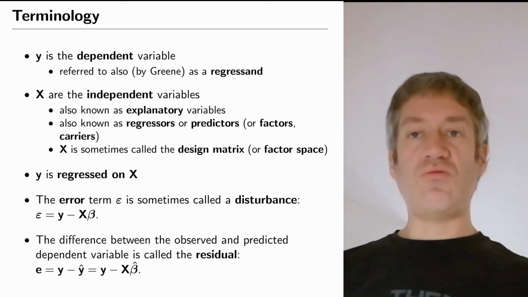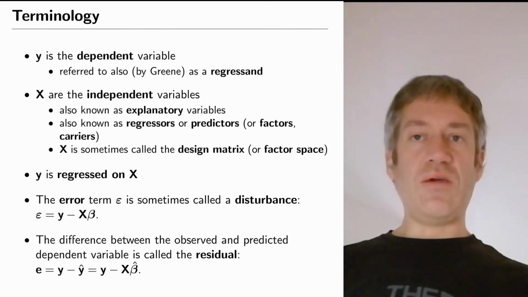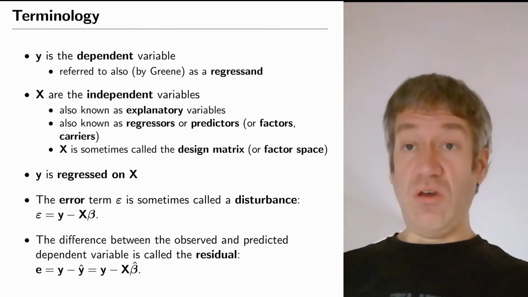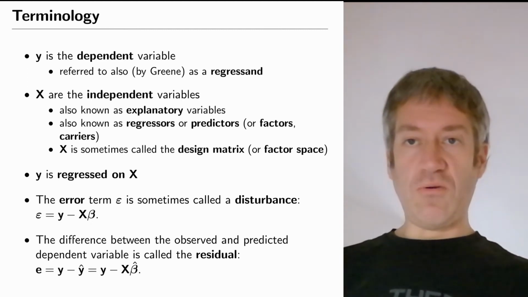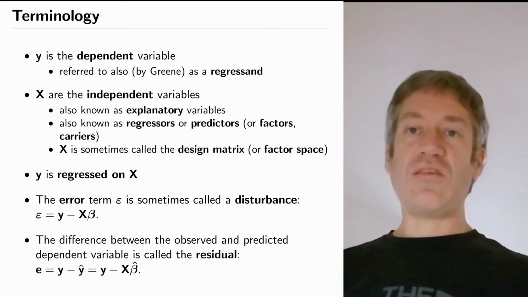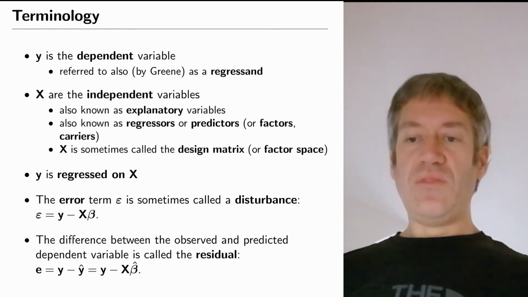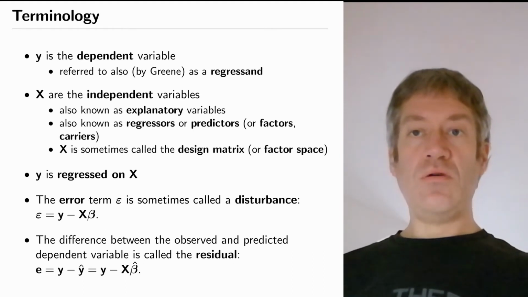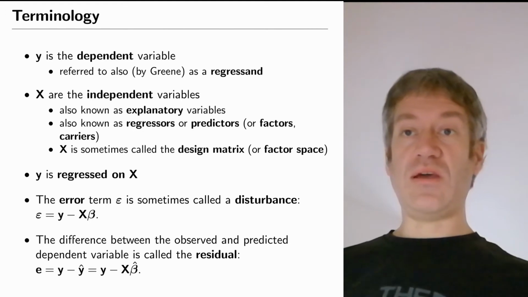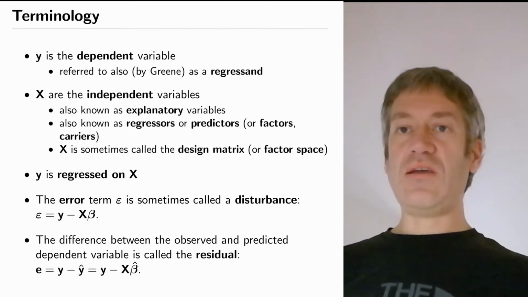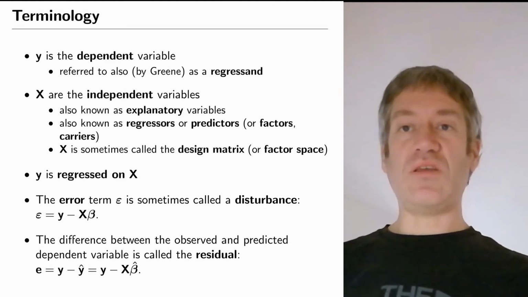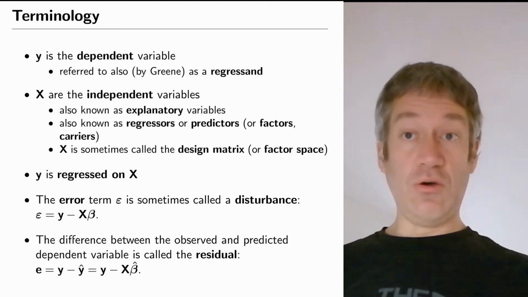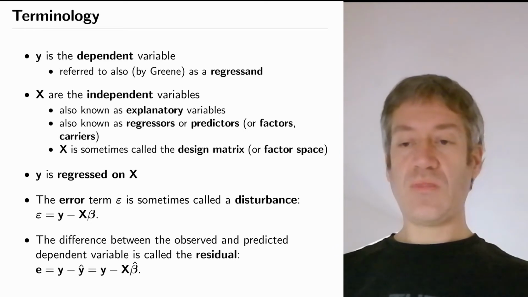So it's very important to think carefully about what the error means. The error is not the difference after you run the regression between your predictions and the dependent variable. It is a difference between the linear relationship given the true regression parameters beta and the independent variables x and the true y. So it is out in nature. It's what is out there. It's not what we necessarily observe or estimate.